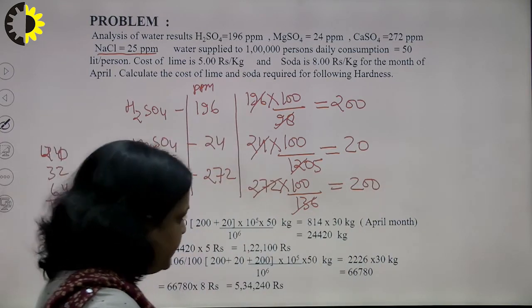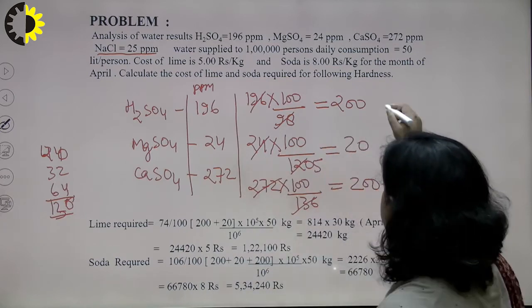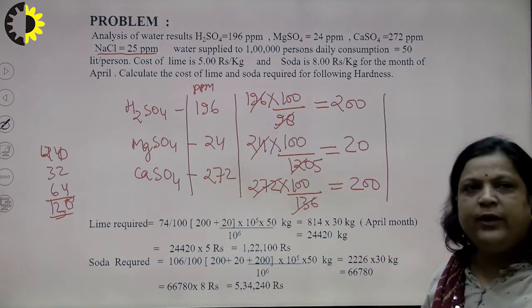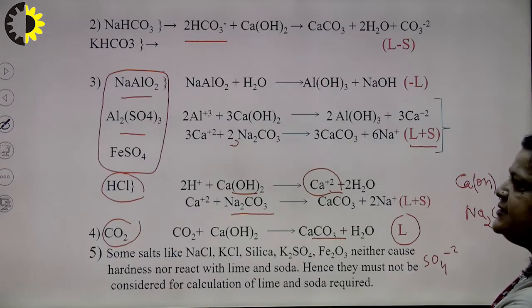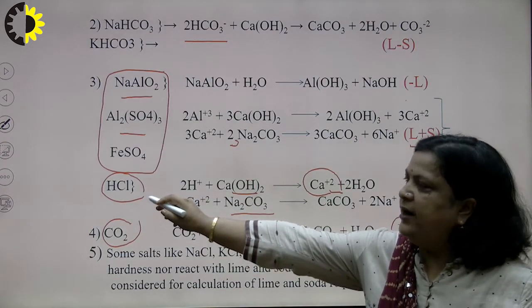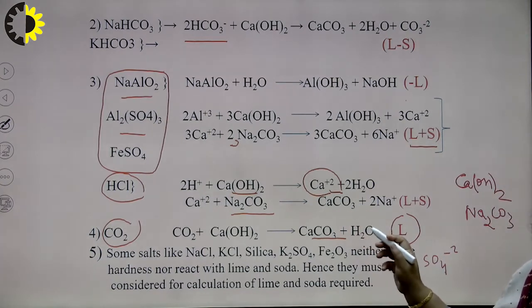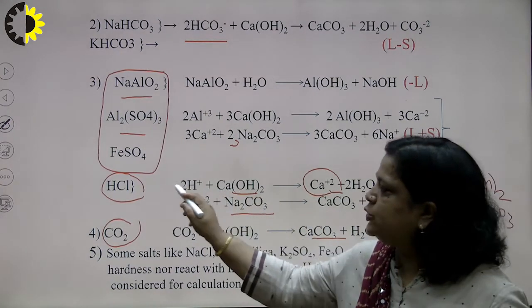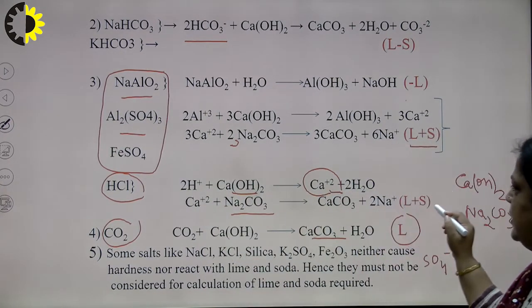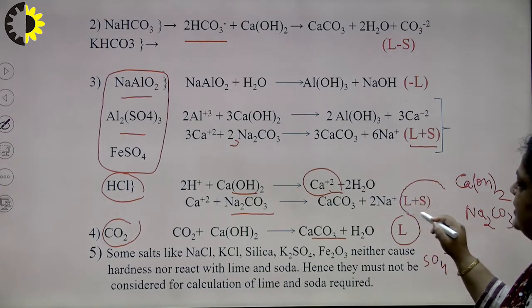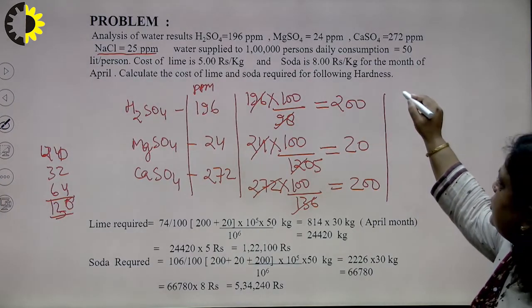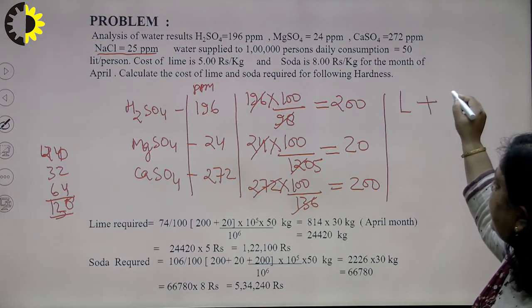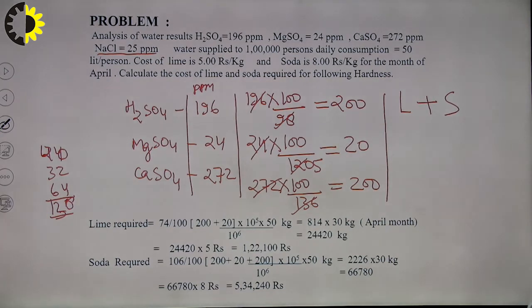Now, next step, then we find lime required or soda required. First for H2SO4, H2SO4 is acid, and when we write the reaction with acid, so here H2SO4, that is 2H plus this. So, we can remember this, for acid we require L plus S. So, we can write for H2SO4 we require lime as well as soda.